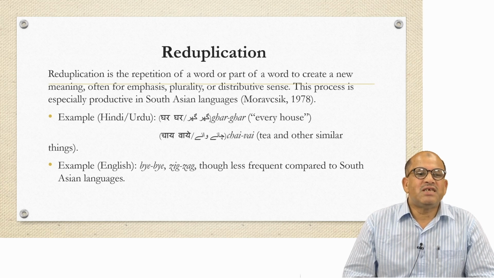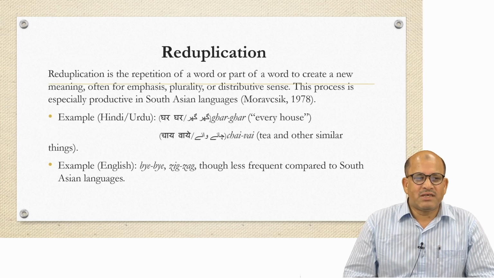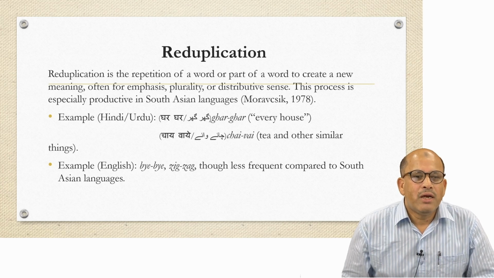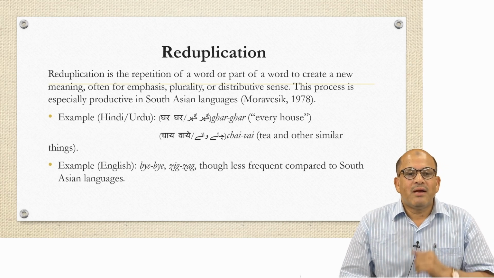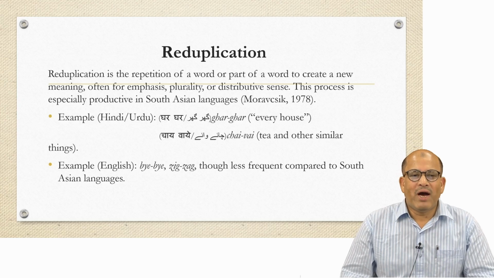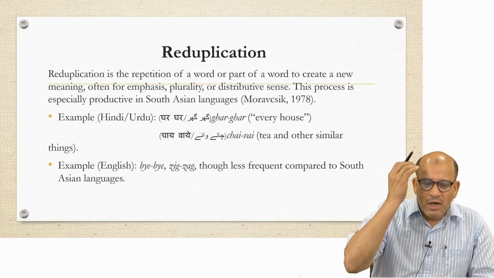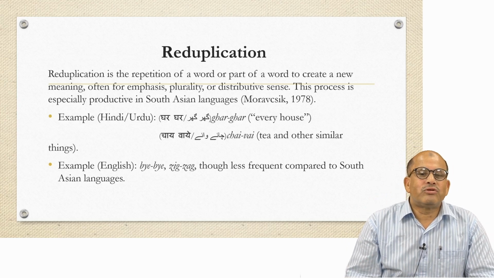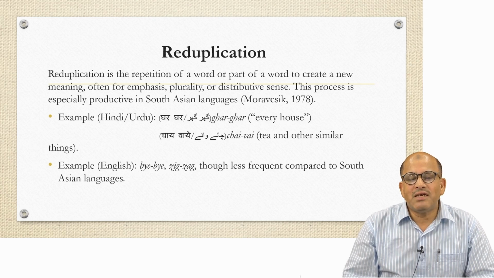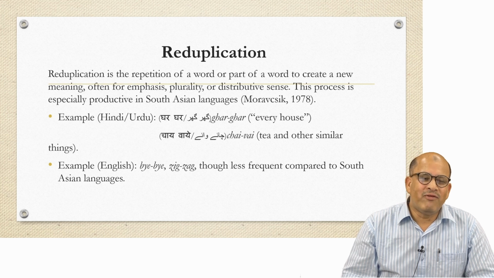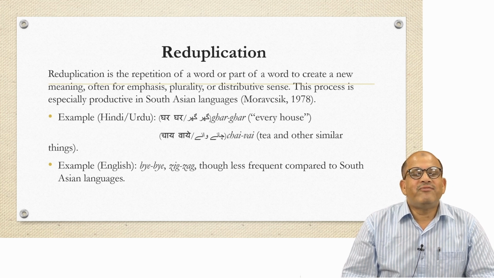This process is especially productive in South Asian languages. For example, in Hindi Urdu, ghar ghar, or chai vai. Ghar ghar is called total or complete reduplication, whereas chai vai is partial reduplication.